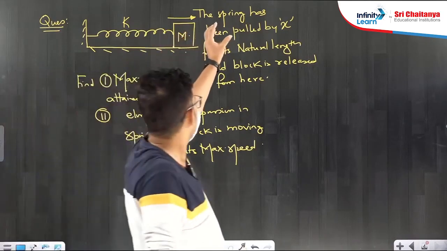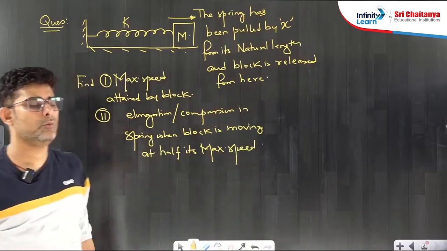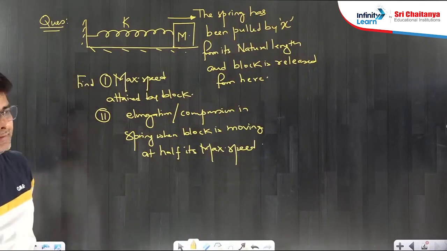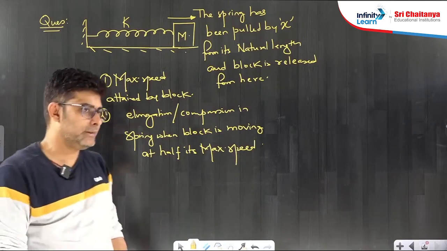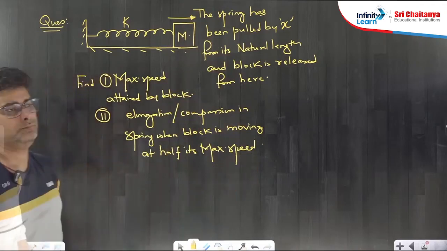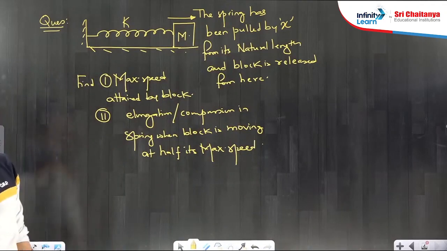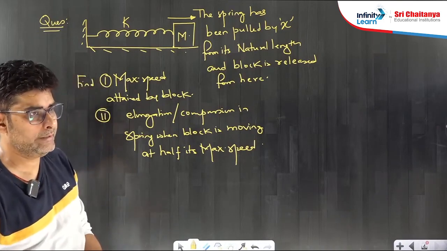Here you have pulled the block and released it. When we use the word release, what does that mean? Does the block have any speed or is it at rest? Please reply fast. When I say that the block is released from here, is it having any speed or is it instantly or momentarily at rest? What will you reply to this?